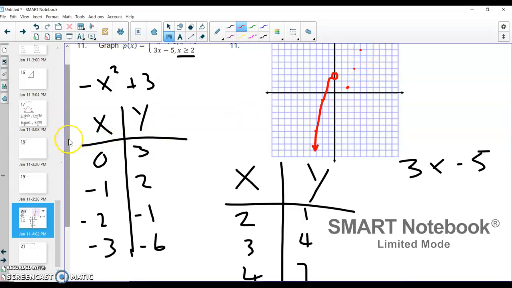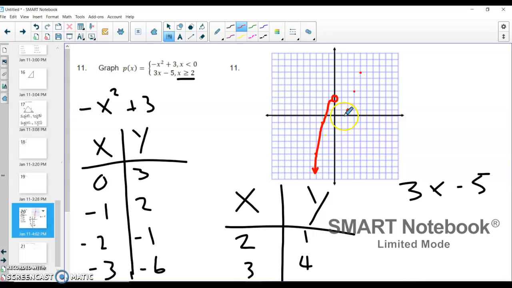And then the last one is at 5, 10, so I go over 5 and up 10, just at the edge of the graph. And I can draw my straight line through that the best I can. Okay, and that would be my piecewise function graphed.